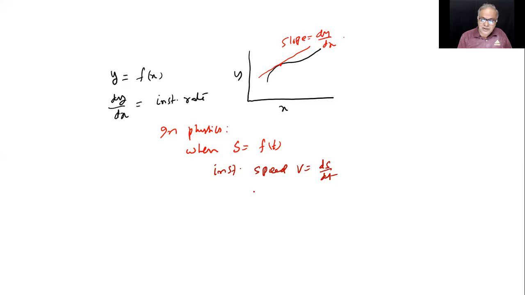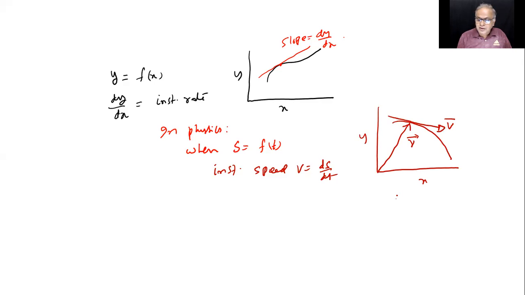Similarly, instantaneous acceleration is, look, I'll just remind you once again. If this is y and x, we have a particle going like that. This is what we called r bar. So instantaneous velocity is along the tangent like this.